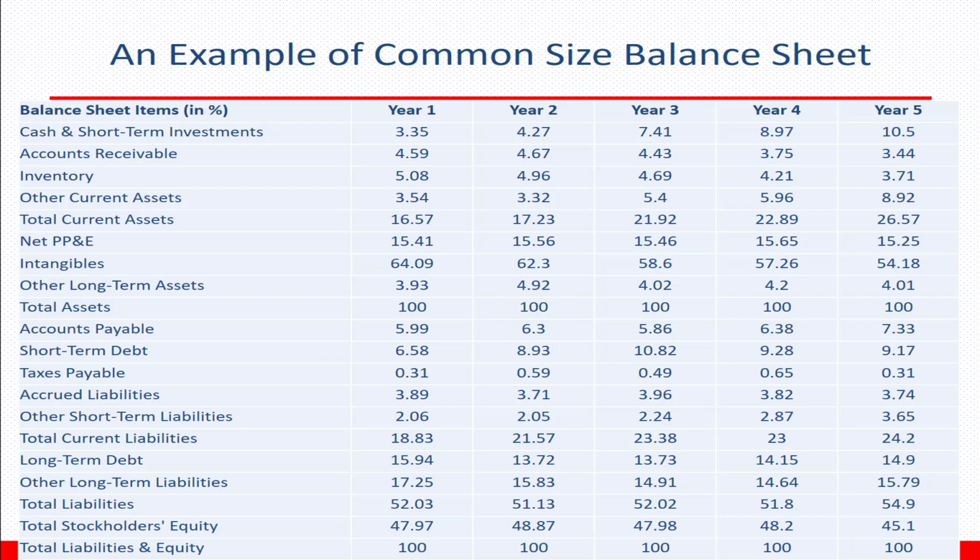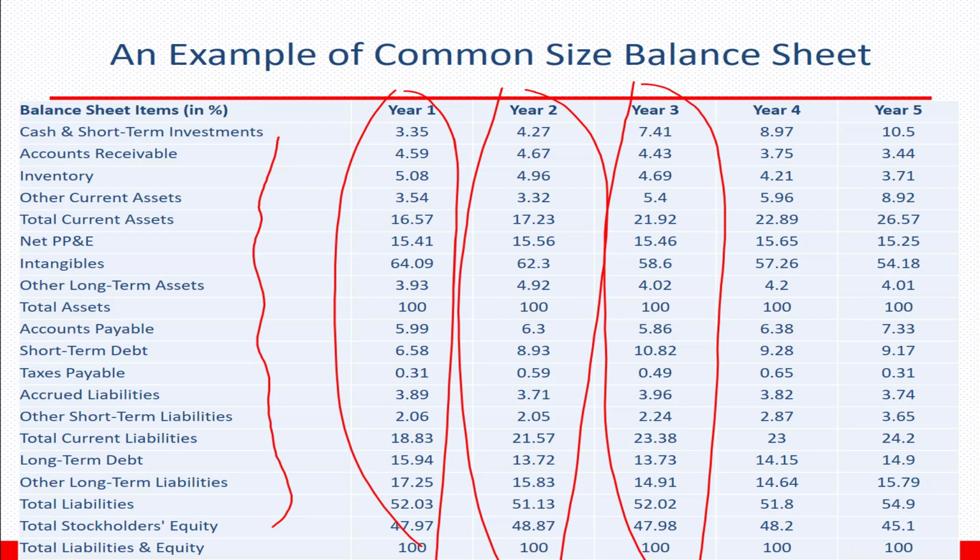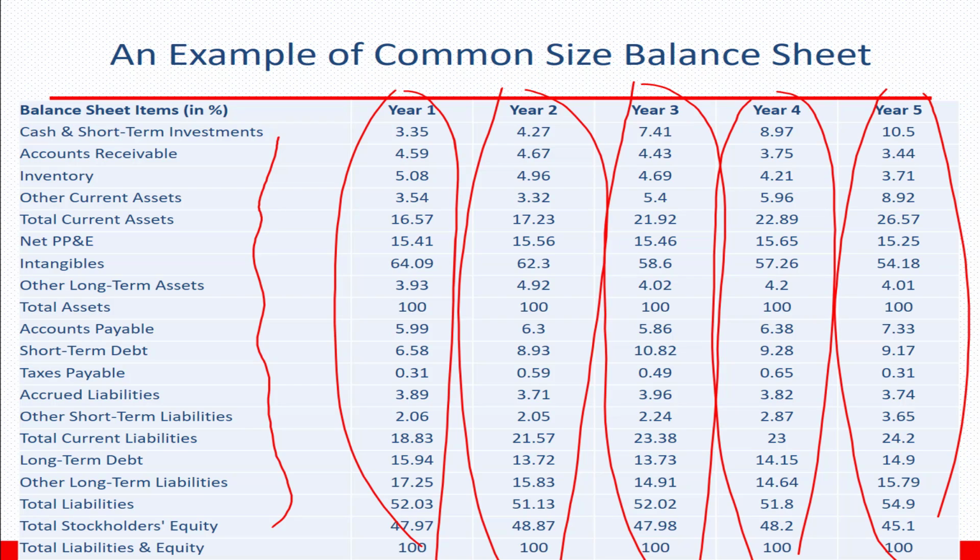Here is an example of a common size balance sheet. I have all these balance sheet items, right? And for the last 5 years, I have the information here, but they are not the exact dollar amounts. All these dollar amounts are expressed as a percent of total assets for that year.